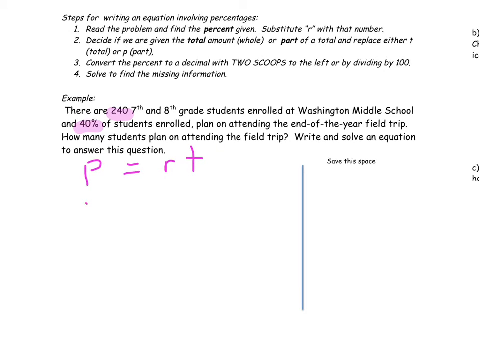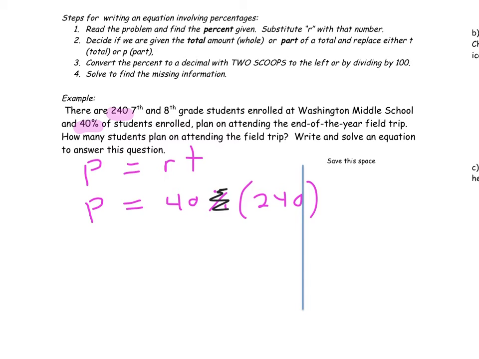So we're going to leave our variable P because we don't know the part. We're going to replace our percentage with the percentage of 40%. And then we're going to replace the T with 240. So now we've replaced numbers where the R and the T is. It tells us next to convert the percent to a decimal, either using 2 scoops or dividing by 100.